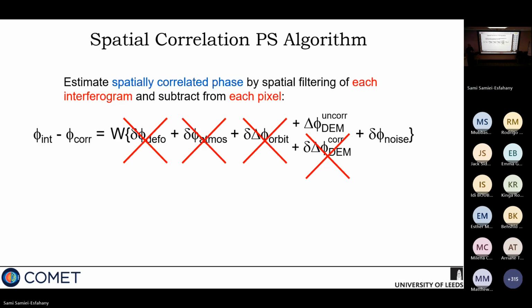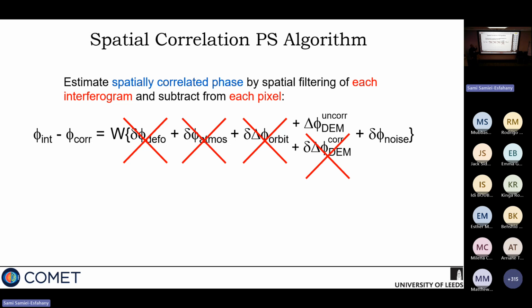Okay, and if you subtract that off, you subtract nearly everything. The assumption is that deformation is spatially correlated. On the whole, that's true. Atmosphere is definitely spatially correlated. Orbits are as well. And some of the DEM term might be spatially correlated, and some might not be.